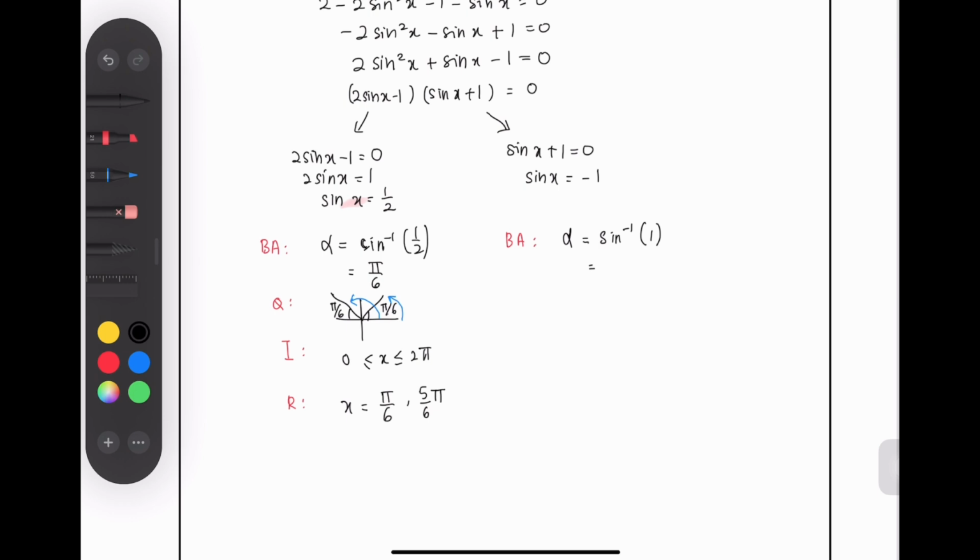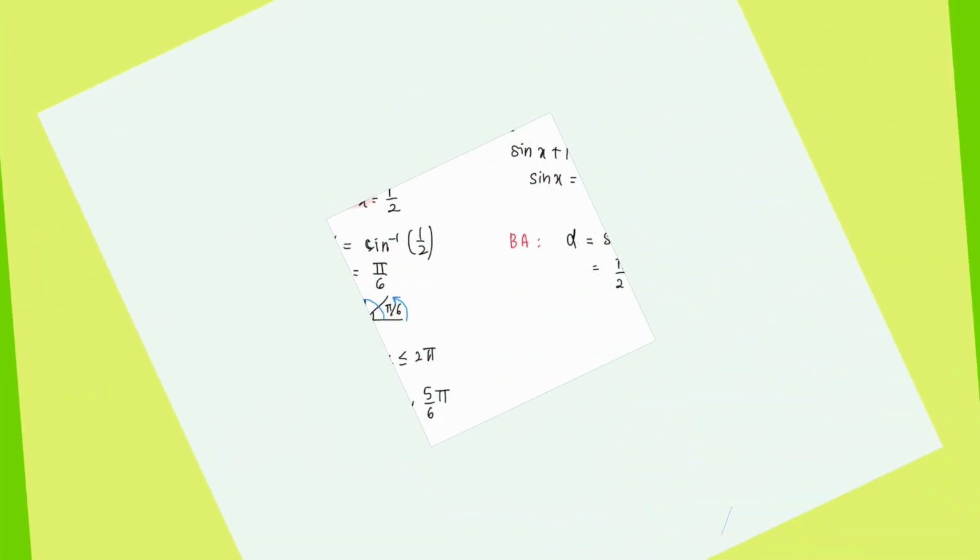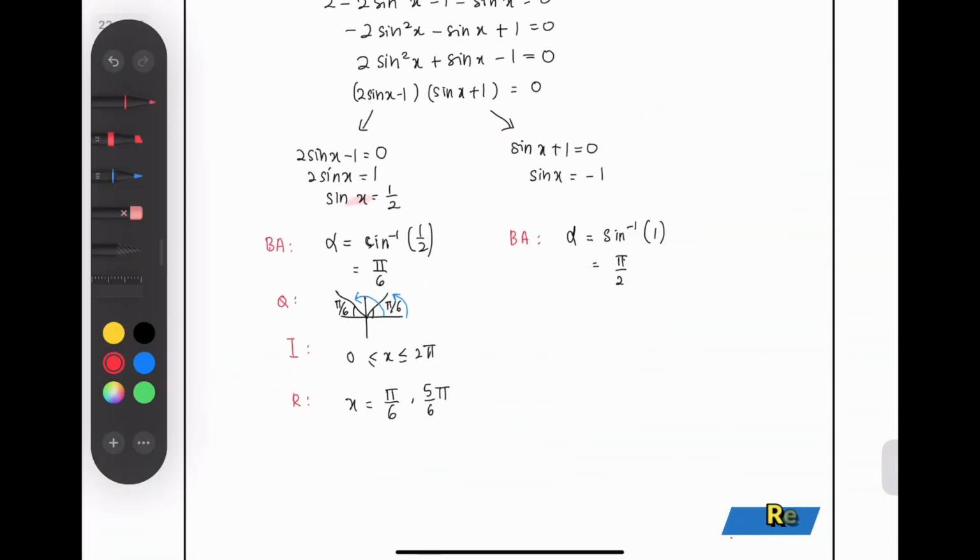So arc sine 1 is pi over 2. For the second step, Q, which quadrant is sine negative? It's going to be the third and fourth quadrant.